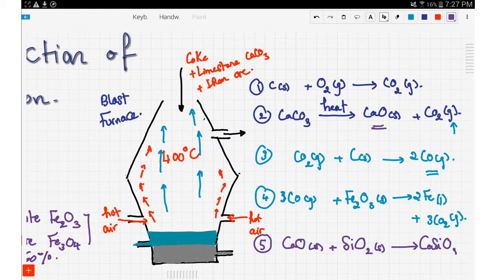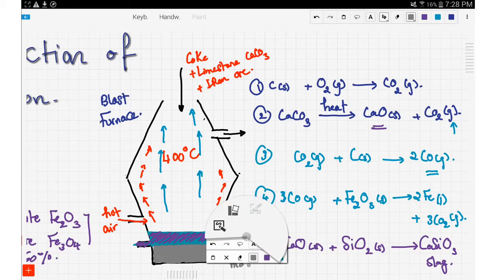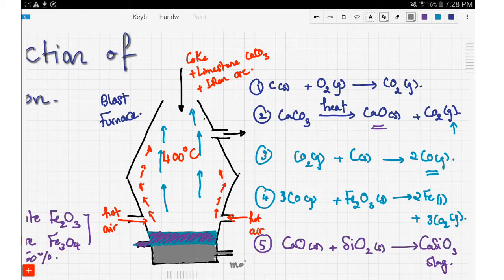So this is slag. And in the furnace, the slag will be right here, the purple color. And the gray color is the molten iron. So this is the molten iron, and that one is the slag.